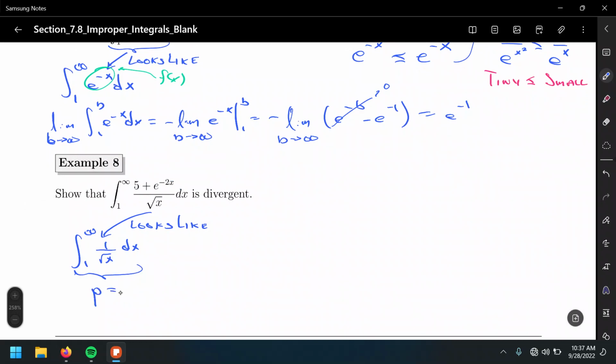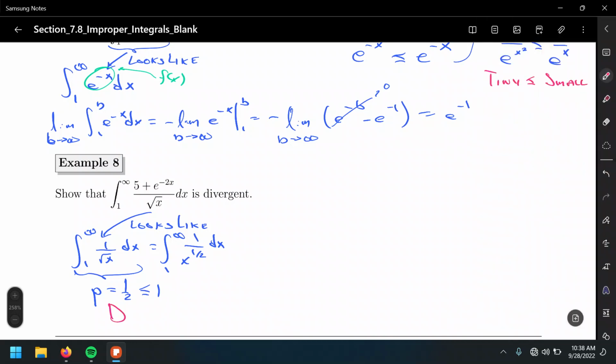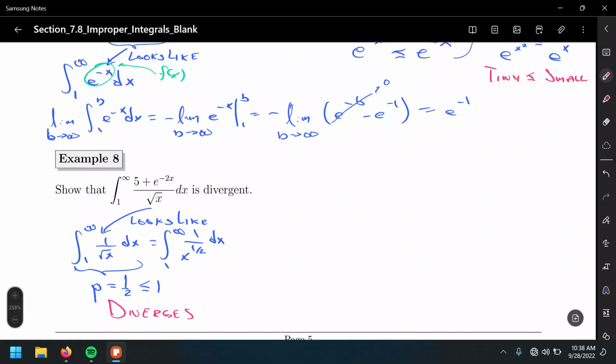In this case, p equals 1/2. And we know p is 1/2, which is in this case less than or equal to 1, so for sure this integral will diverge. Alright, diverge. So this integral will be helpful to show the divergence of the given integral.